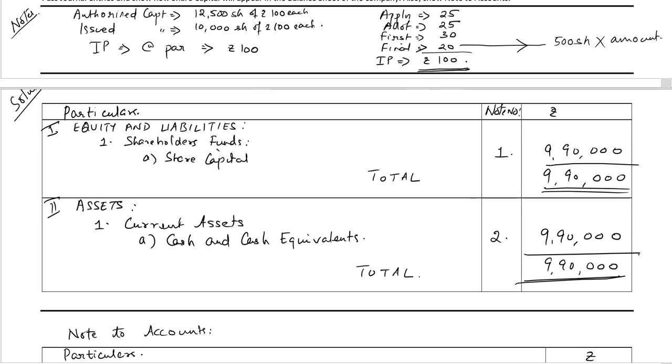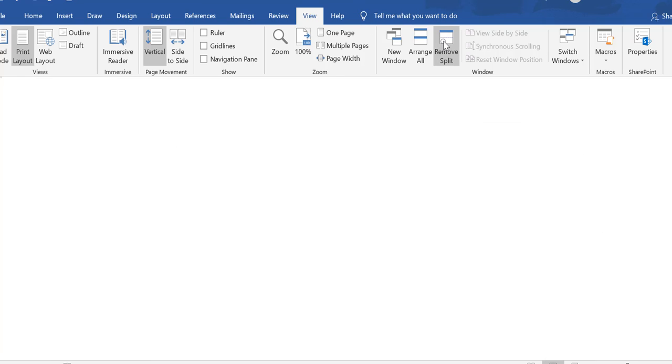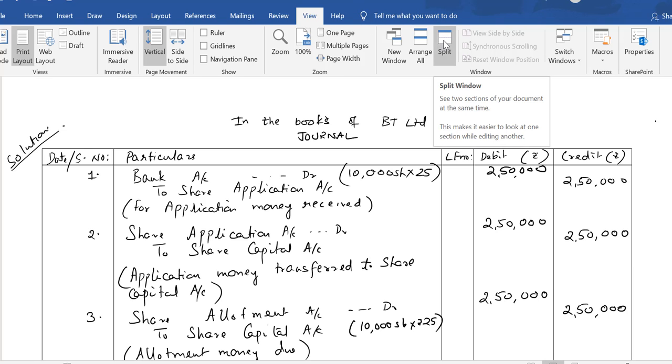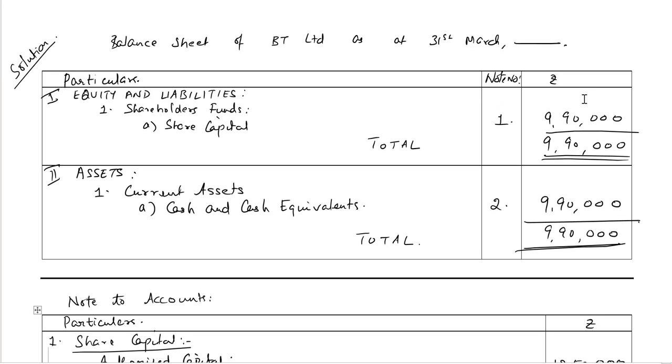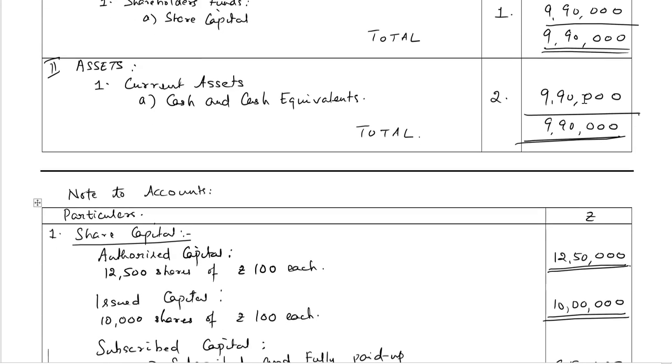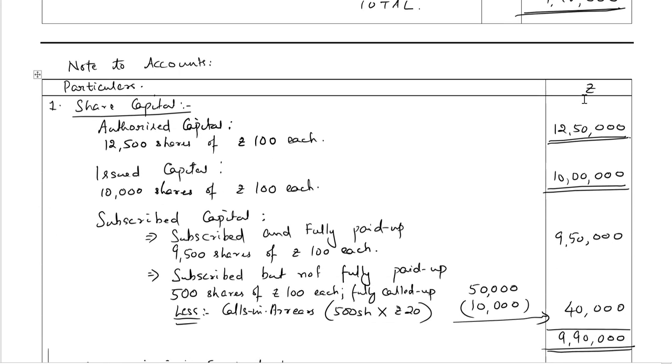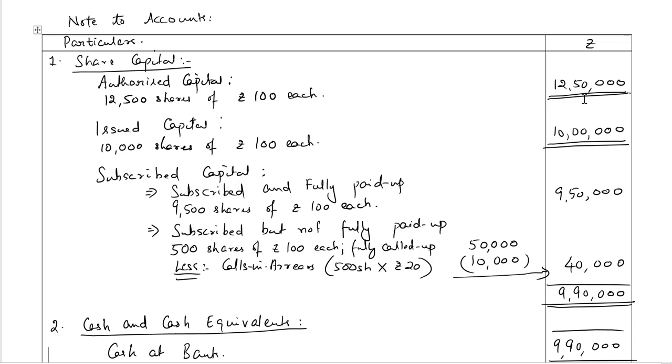So we've completed the answer to the second part of the question. This is the balance sheet, the first half of the screen, followed by the note to accounts.